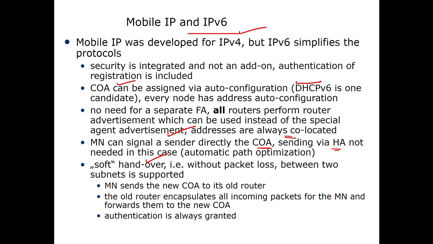We are going to support IPv6. How is it supported? The mobile node sends a new care-of address to its old router, and the old router will encapsulate all the new packets for the mobile node and then forward them to the new care-of address, and authentication is always granted. So this is very important: IP version 6 of the mobile network.